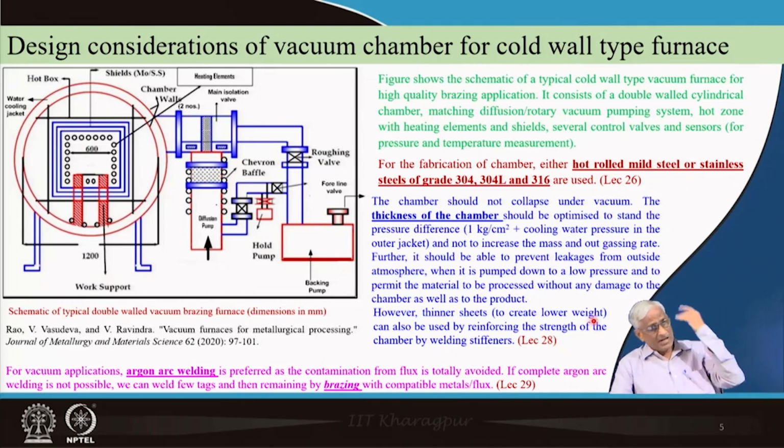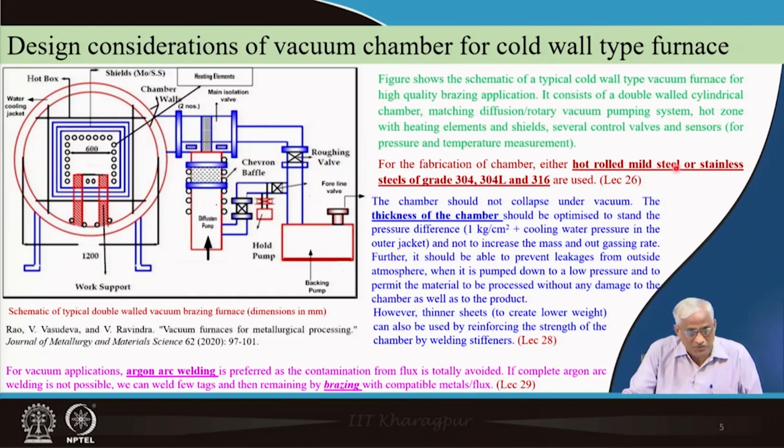We have very clearly explained how various types of metals and alloys are used for chamber materials, and depending on the yield strength, depending on the temperature, the thickness has to be optimized, taking 1.3 atmospheres as the pressure difference in absolute scale, because inside is the vacuum.